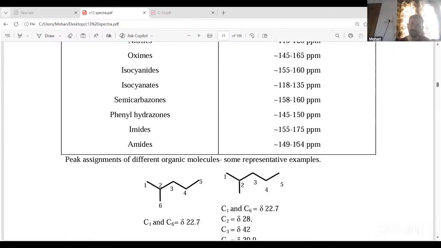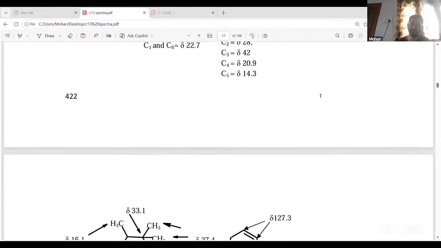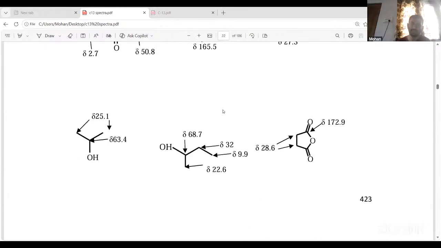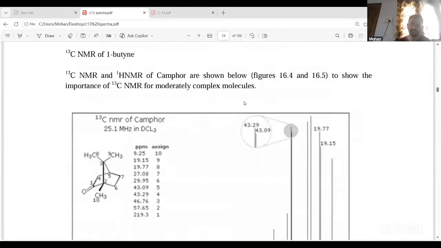These are the chemical shift values shown by these carbons. You can go through this exercise.